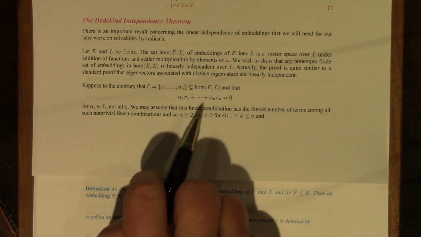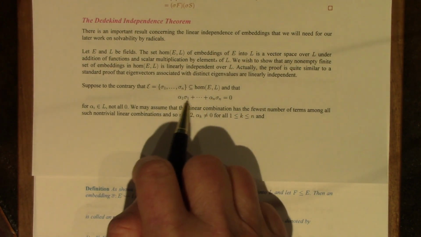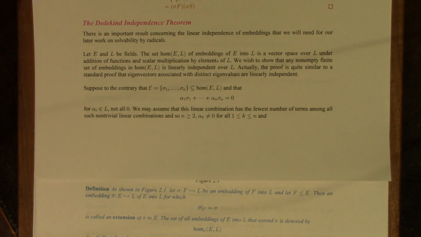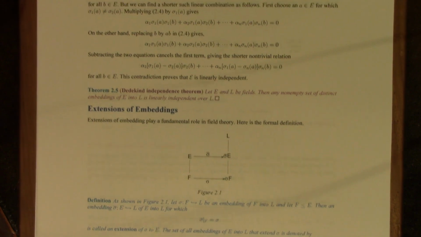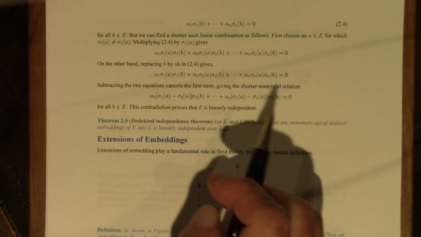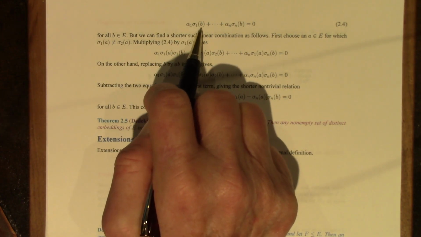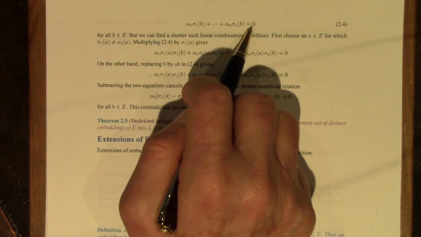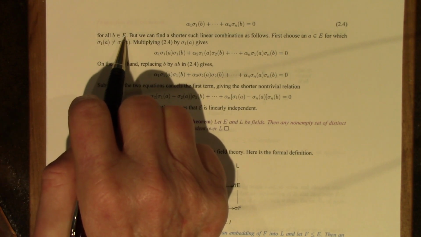So in particular, there's got to be at least 2 terms, and none of the coefficients are equal to 0. And this equation is equivalent to saying that alpha 1 sigma 1 evaluated at b, all the way through, is 0 for all little b in E.